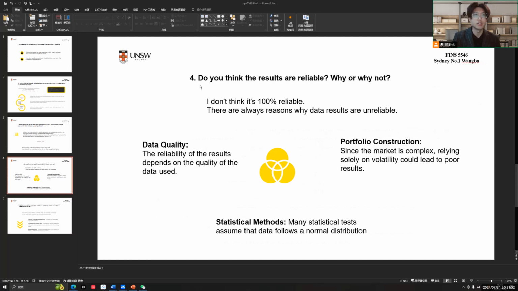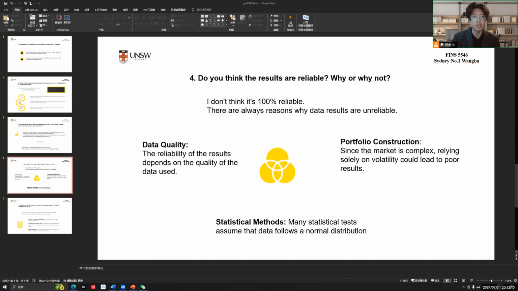Do you think the results are reliable? Why and why not? My answer is I do not think it's 100% reliable, and there are always reasons why data results are unreliable.